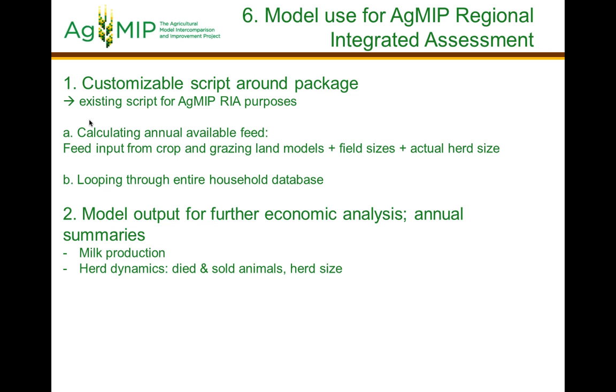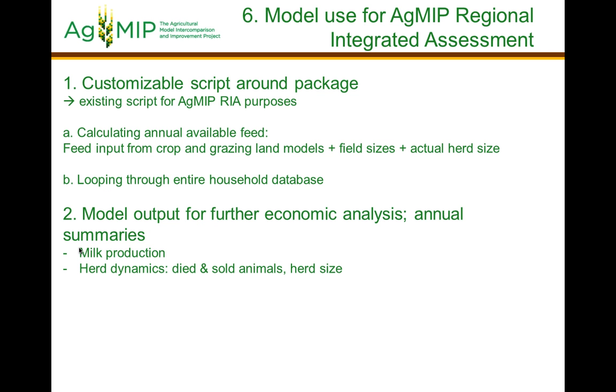So you go from household 1 up to household whatever, 147. And for each of these households, you read in the information on the herd composition and on the field areas, which you need to calculate the available feed.